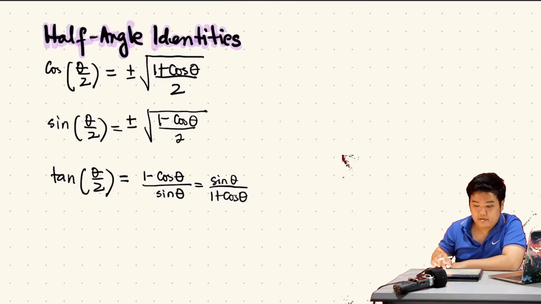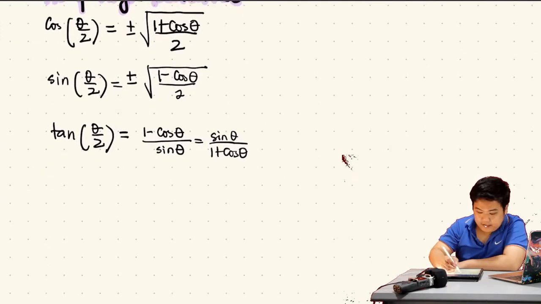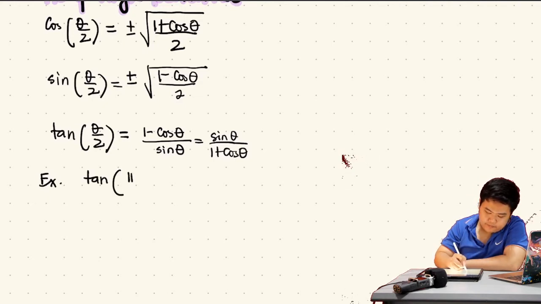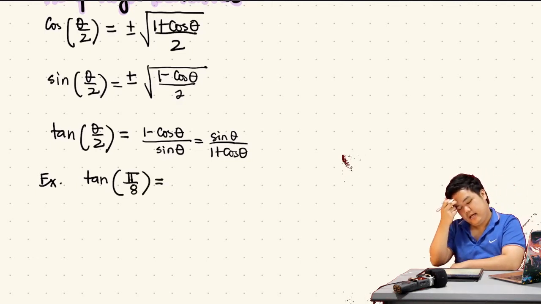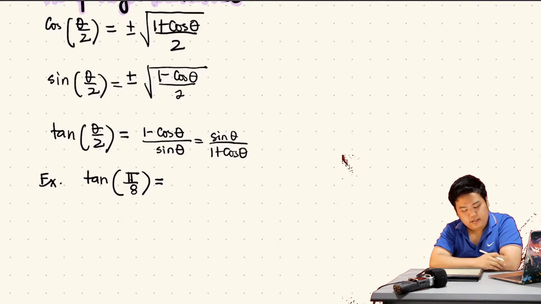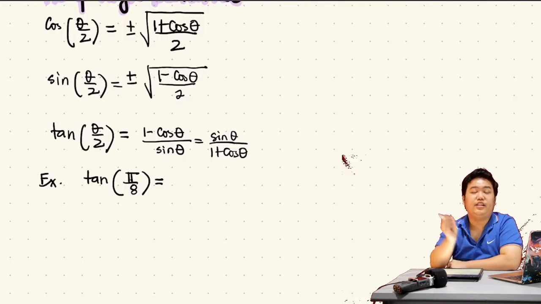some examples as usual. So, example, let us evaluate na tangent pi over 8. Okay, so kung titignan ninyo, pi over 8 is not on the unit circle. Hindi siya nasa unit circle.